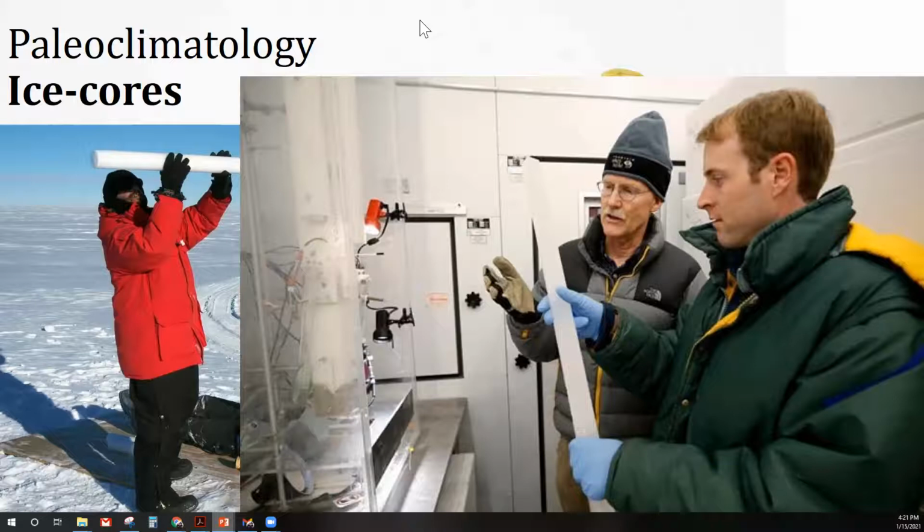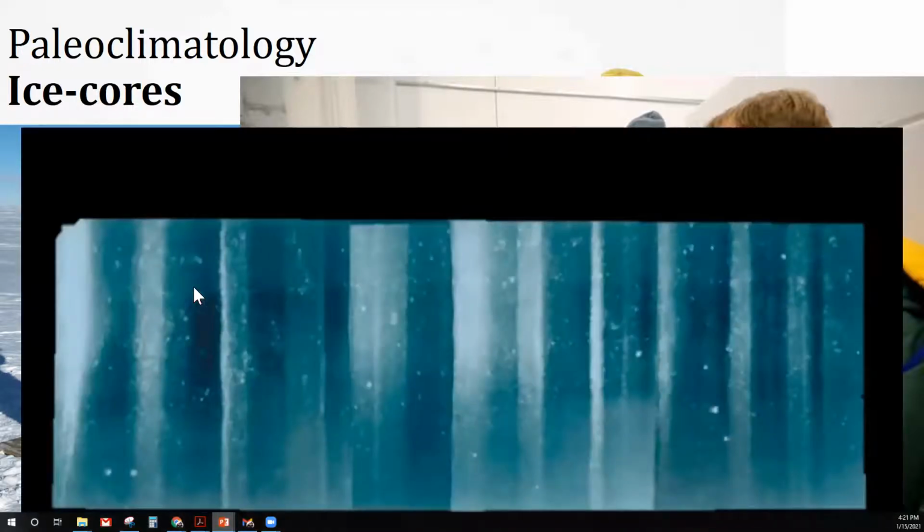And that's how we know the carbon dioxide levels, the oxygen levels, the ozone levels. I mean, so many particulates, so much of the atmospheric chemistry is trapped in these little air bubbles located in these cores.